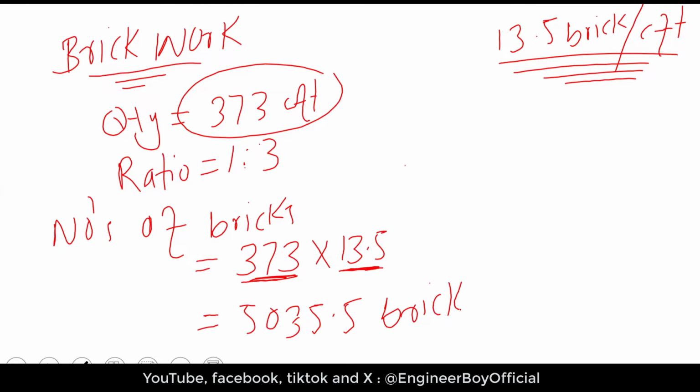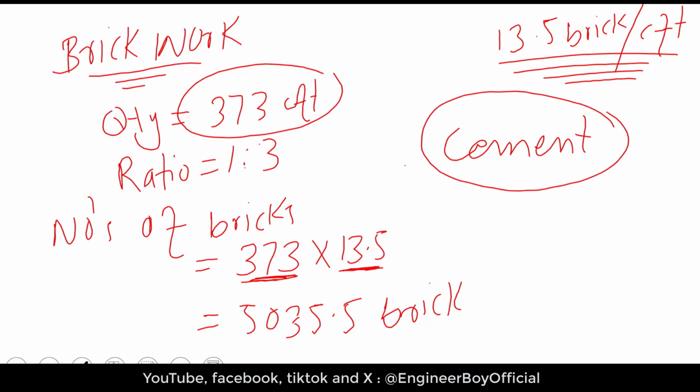Now, for the same project, let's determine the quantity of cement. To determine cement, of course, we need to know how much mortar we have in the same brickwork. This is a good question. So first we have to determine the quantity of mortar.